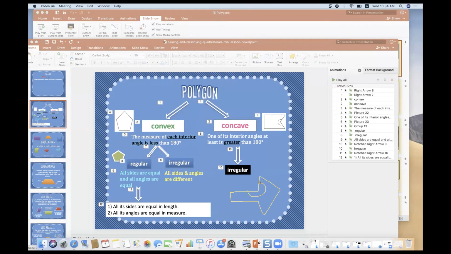What about this angle? One of the interior angles, at least, is more than 180. These are reflex angles, whose measure is more than 180. Okay, I can call it at this time a concave polygon.